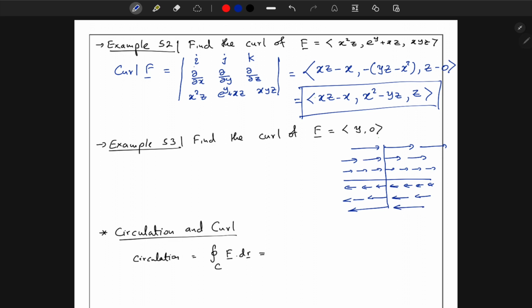Now, just by looking at the picture, we can decide whether there is a rotation. Think about a point. Now the force or the flow on top of that point is much larger than the flow below it. So effectively it will rotate in this direction.